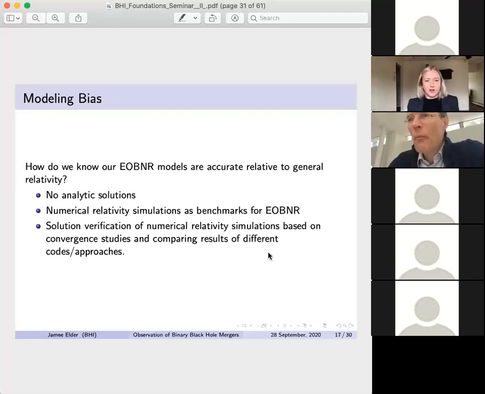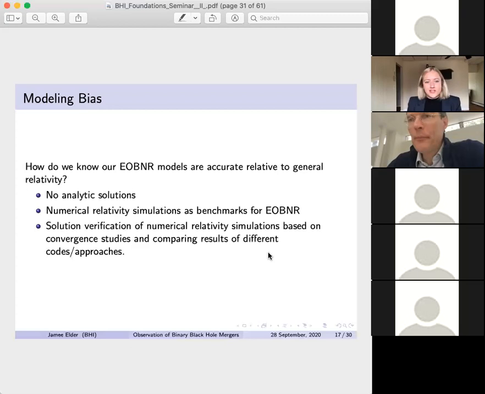So I'll start with the first one. How do we know that, say, the EOBNR templates or models are accurate relative to general relativity? For a start, there's no analytic solutions for these kinds of systems to compare to. And much of their validity or their justification is derived from numerical relativity simulations, which are acting as benchmarks for these models.